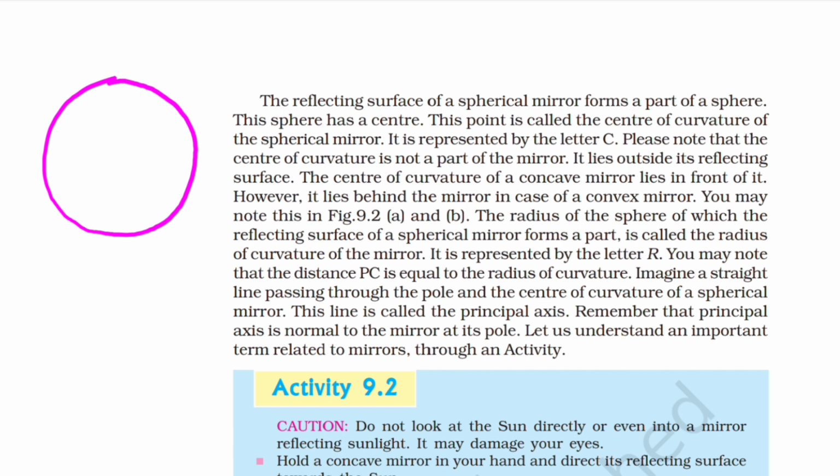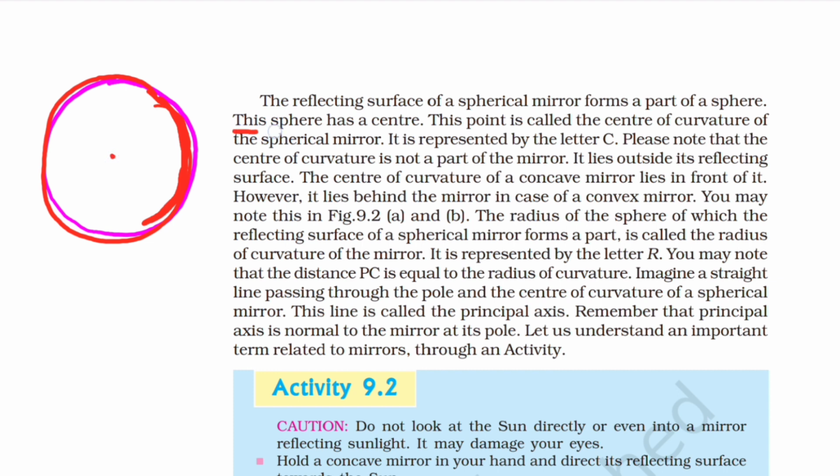Here you can see that, imagine this is a mirror, a curved mirror. It is a part of a circle or sphere. Totally it is enclosed by one sphere. To draw the sphere we need one center.